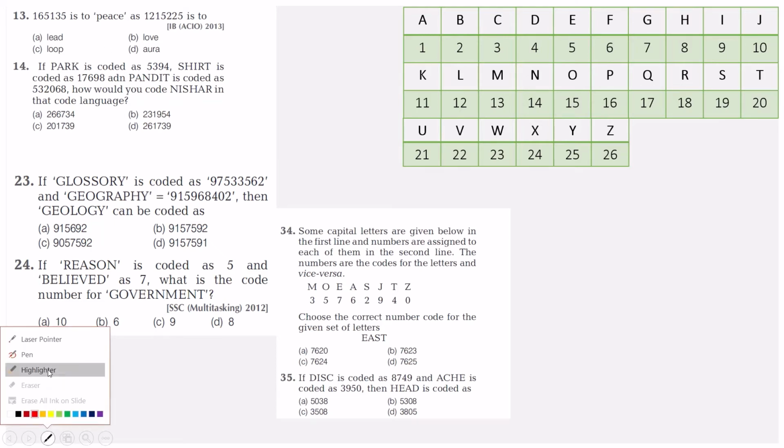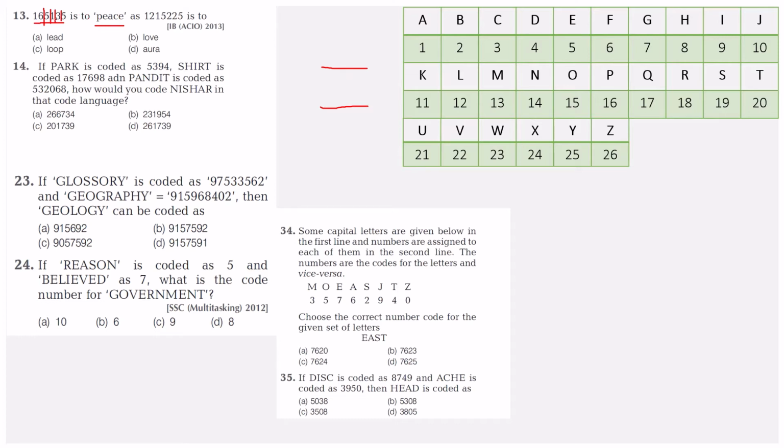let me just take up a pen over here. So 165135 is for piece, they have told. So if you see that clearly, just write them down one below the other, like 1613165 over here and piece over here. You will find that 16, 5, 1, 3, 5, 1 2 3 4 5, and piece is of 5 letters.